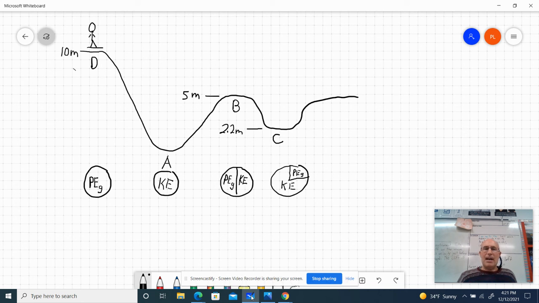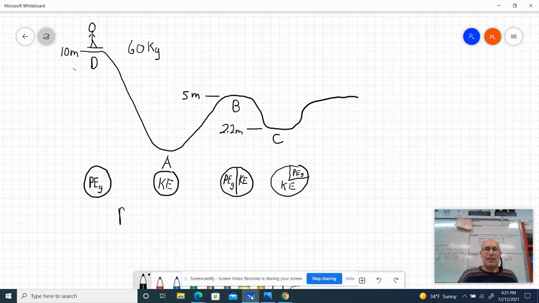All right. So now I'm going to actually figure out how much gravitational potential energy this person has. And I didn't tell you this at the start, but this skateboarder happens to have a mass of 60 kilograms. Okay.